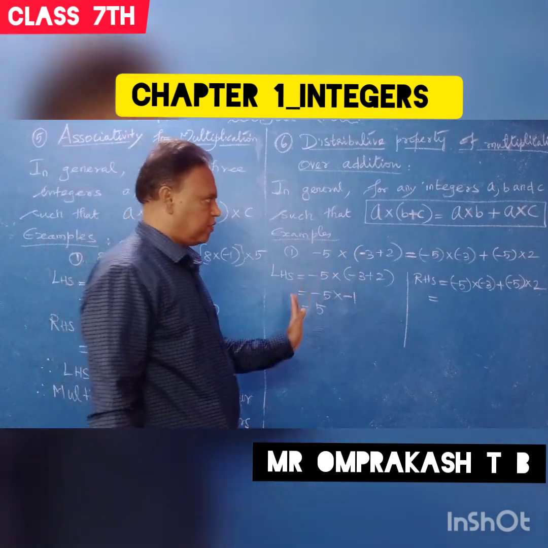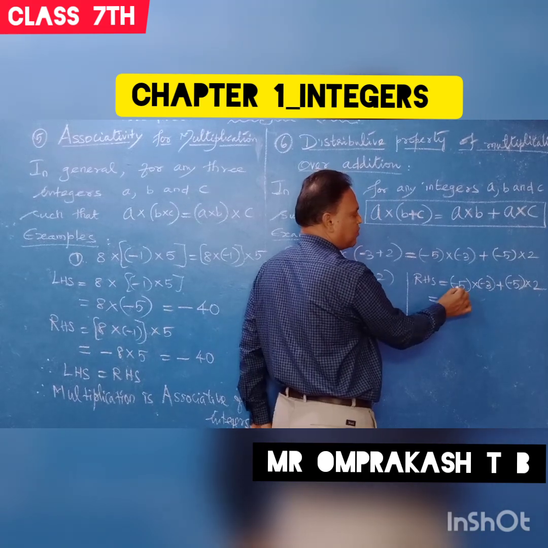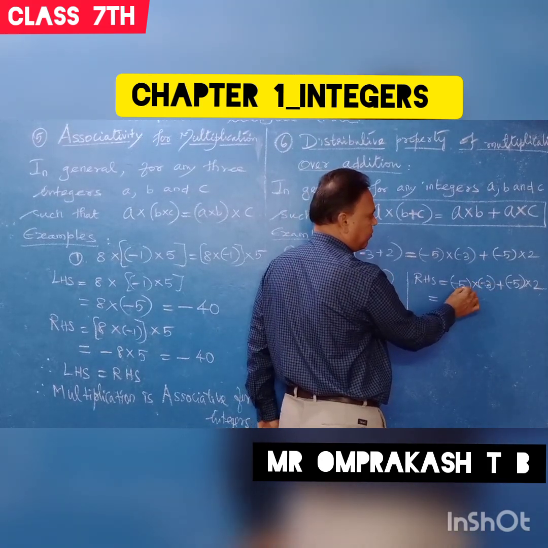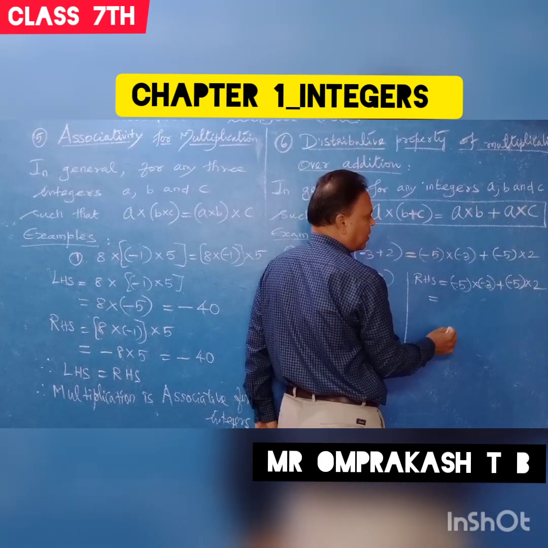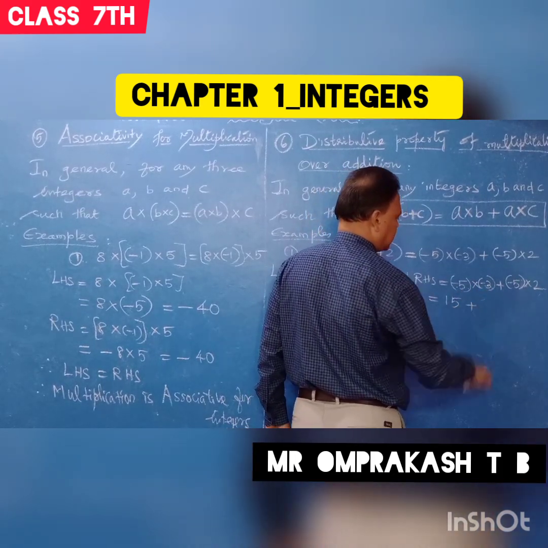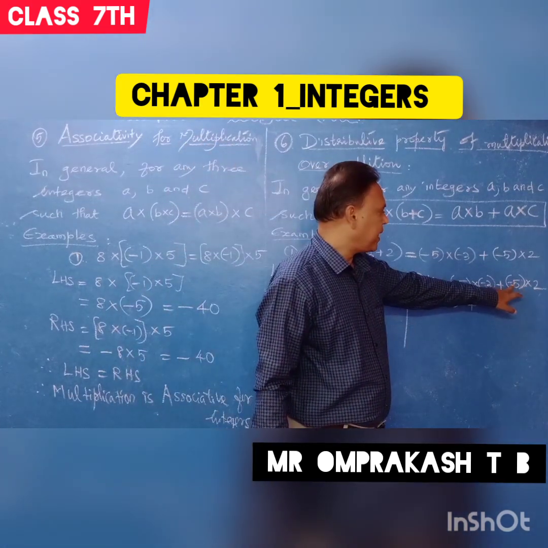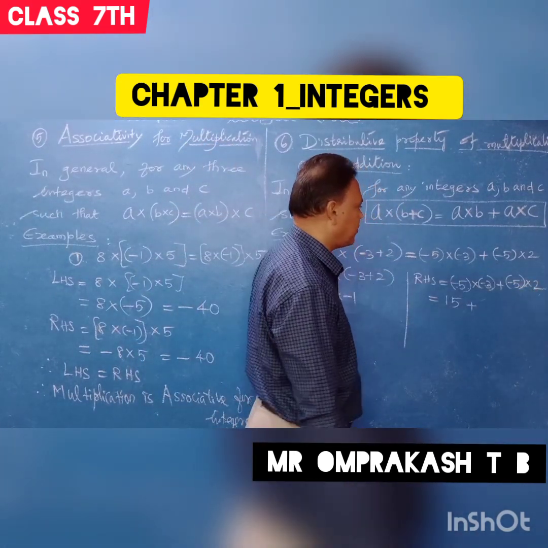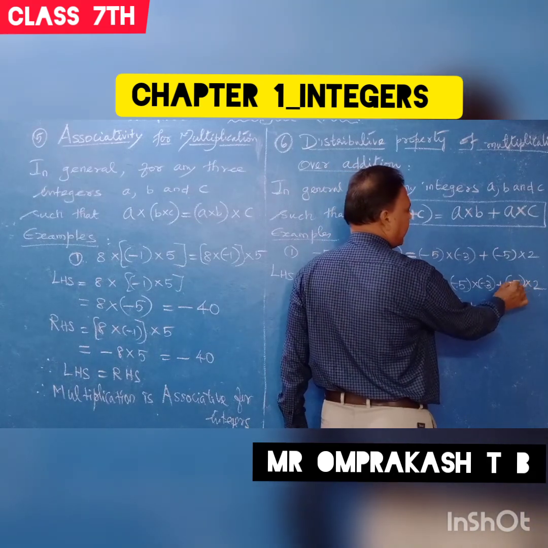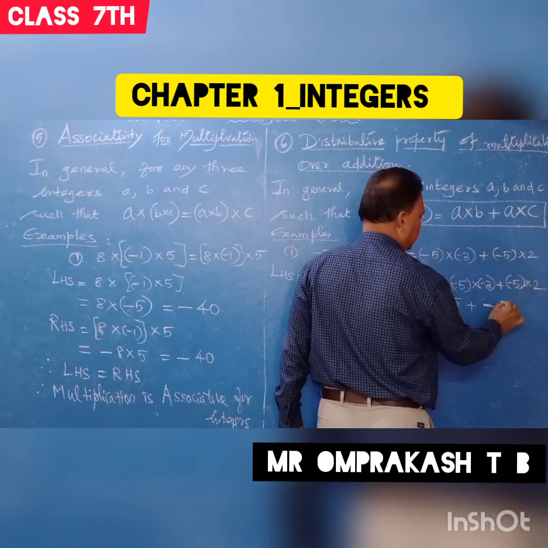First you multiply before the plus. Minus into minus is plus, 5 into 3 is 15, right? Plus minus 5 into 2. Minus 5 into 2 is how much? Minus into plus is minus, 5 into 2 is 10.